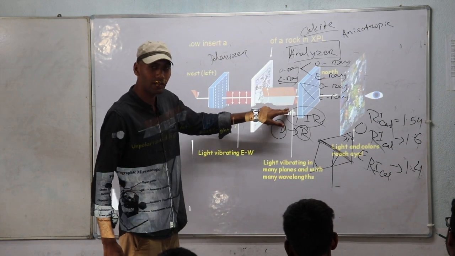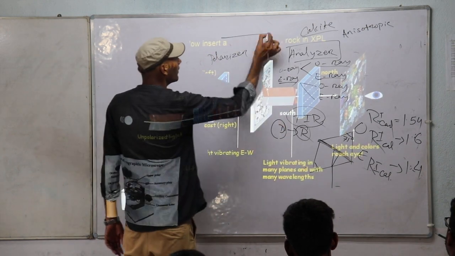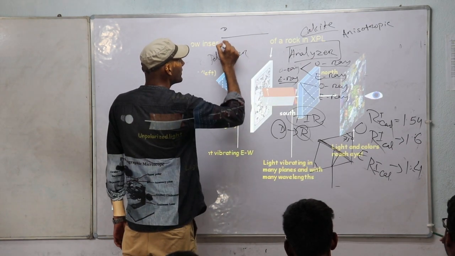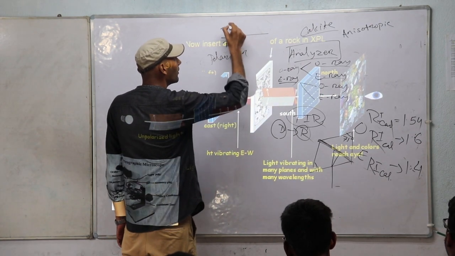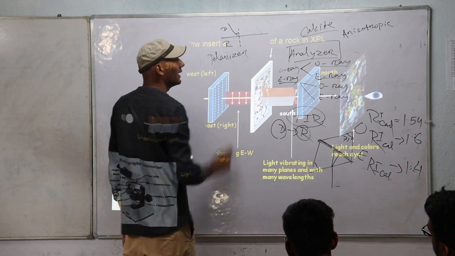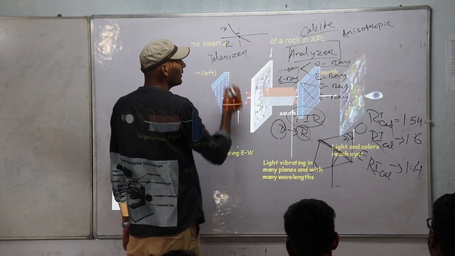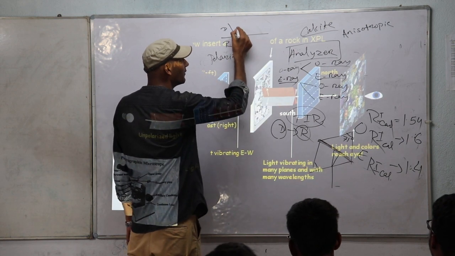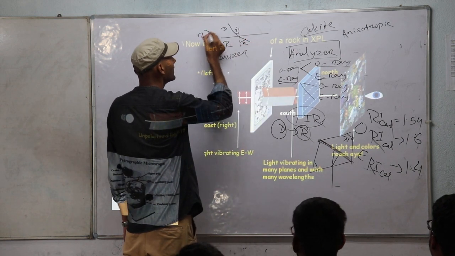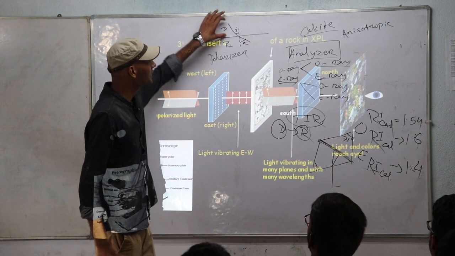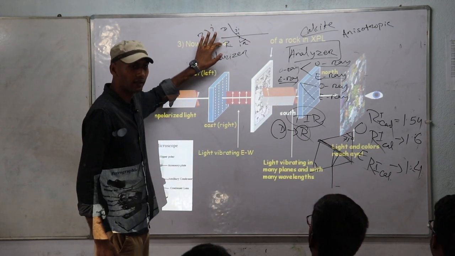Then what is total internal reflection? You can see this is denser, this is rarer, this is the normal. When light is incident on that surface, the angle of refraction will be higher than the angle of incidence. R is greater than I. Why? Because one medium is denser and the other is rarer.